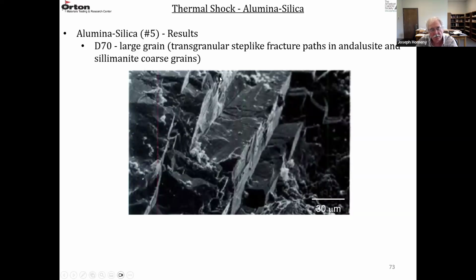And you can see it sort of following cleavage plane. So it is not a flat fracture when it's going through the coarser grains. It is this step-like pattern. So that pattern appears to absorb more energy and is somewhat responsible for the higher work of fracture.